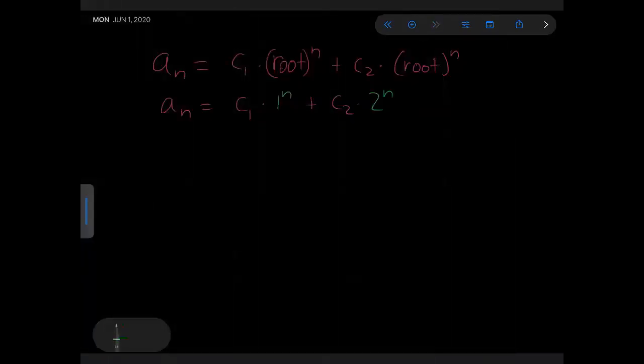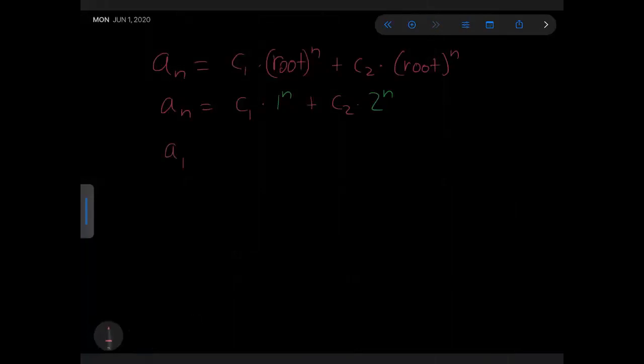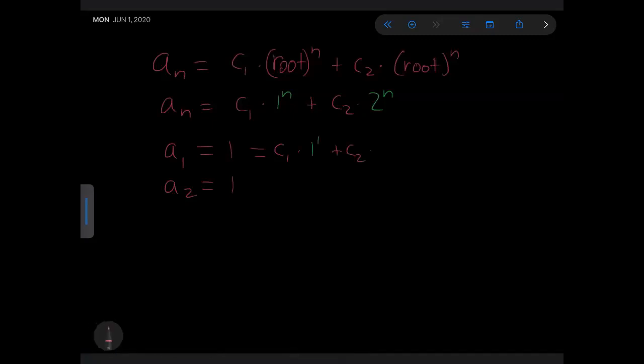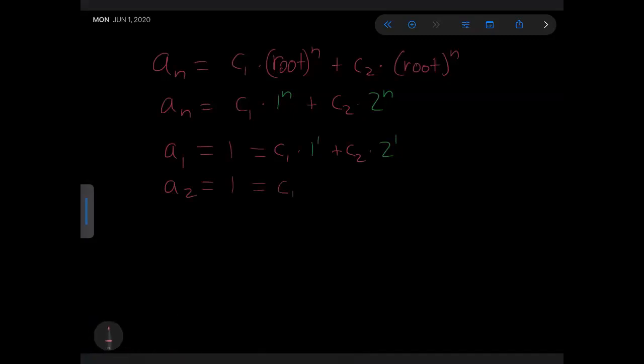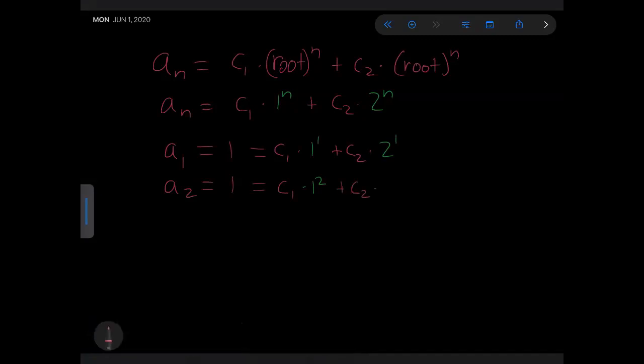We can plug that in and create a system of equations. a1 is equal to 1, and this also equals c1 times 1 to the 1 plus c2 times 2 to the 1. a2 equals 1, and this equals c1 times 1 squared, because n equals 2 this time, plus c2 times 2 squared.